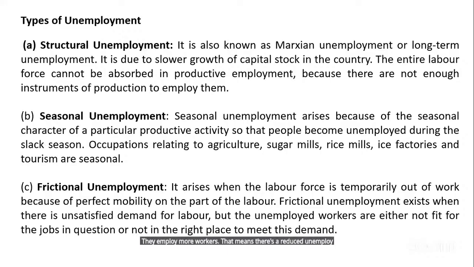But during the dry season, the land is dry and they cannot cultivate it, so there will be more unemployed people. Because it results from seasonal changes in agricultural practice, it is called seasonal unemployment.